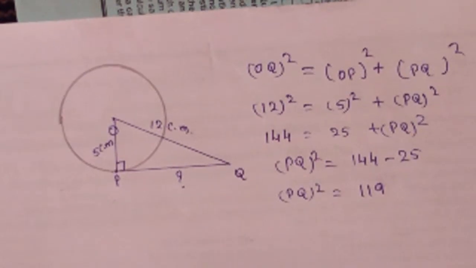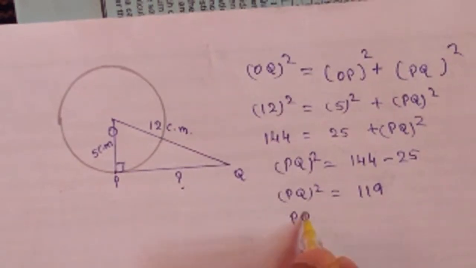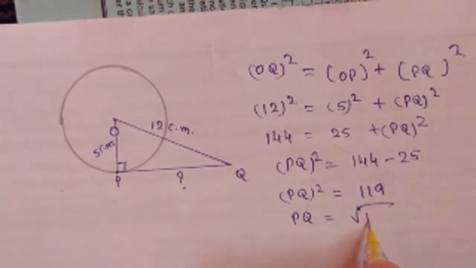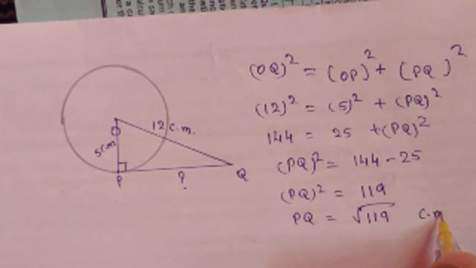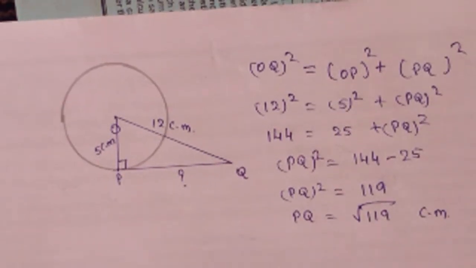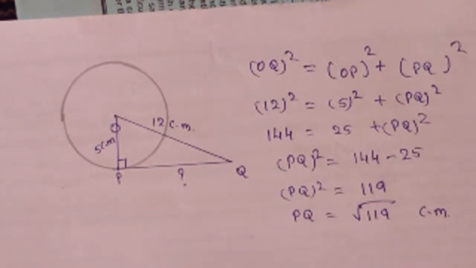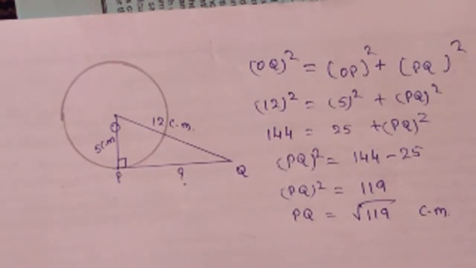But we don't want PQ square, we want the PQ value. So PQ becomes square root of 119 centimeter. They give option A as 12 centimeter, option B as 13 centimeter, option C as 8.5 centimeter, and option D as square root of 119 centimeter.